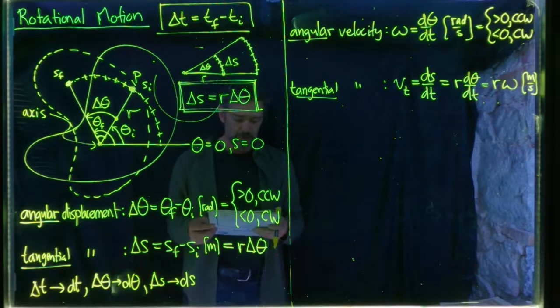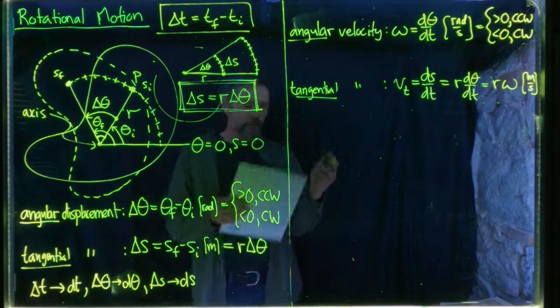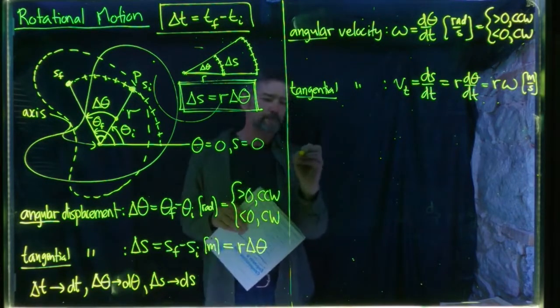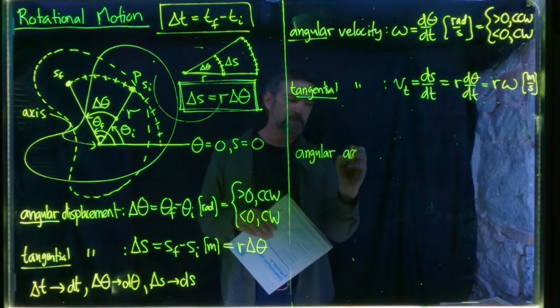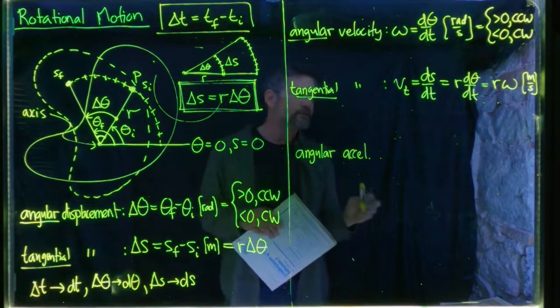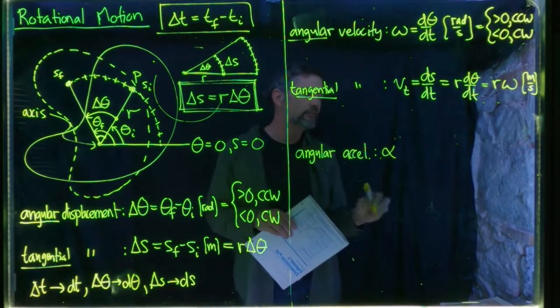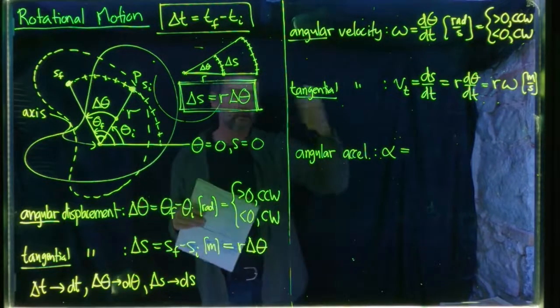Okay. And then the third thing will be acceleration. Okay, so we will define an angular acceleration. So the angular acceleration gets a special symbol, alpha, the Greek letter alpha, and alpha is the rate of change of the angular velocity.